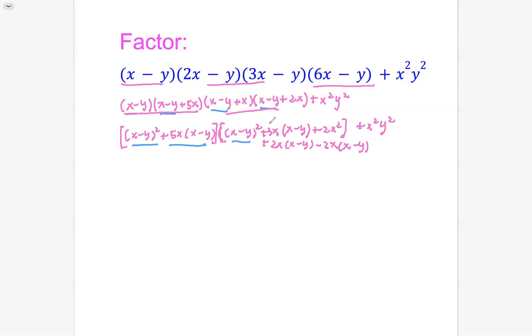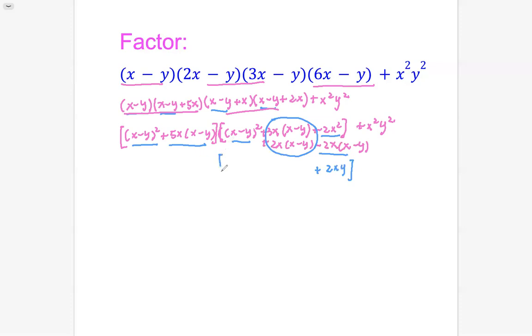So why do I have to do this? Because by doing so, I get 5x times x minus y, right? Then those two terms have positive 2x squared, have negative 2x squared. They cancel with each other. So what's left is a negative 2x times negative y, which is plus 2xy.